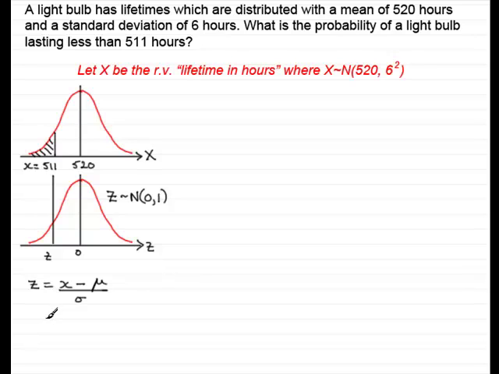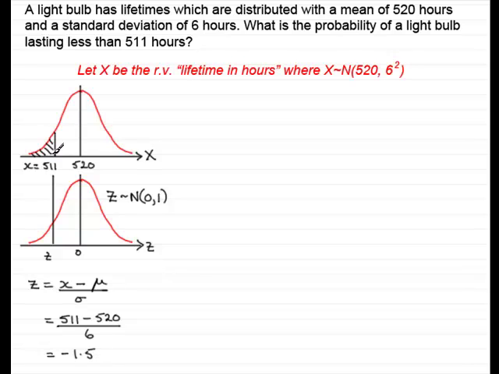So if I work this out, we have that the observed value is 511 minus the mean mu, which is 520, all divided by the standard deviation sigma, which for this example is 6. If you work that out, you find that z is minus 1.5.